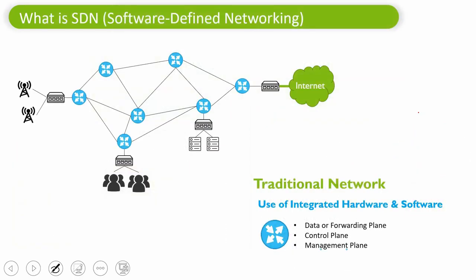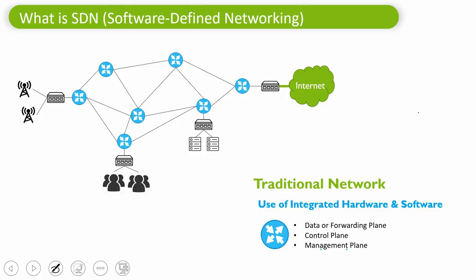This is our traditional network where traffic moves between various switches and routers in order to reach the final destination. SDN changes how networking is fundamentally done. Instead of having network intelligence distributed in every device, with every router and switch applying its own brain, SDN aims to centralize the brain.